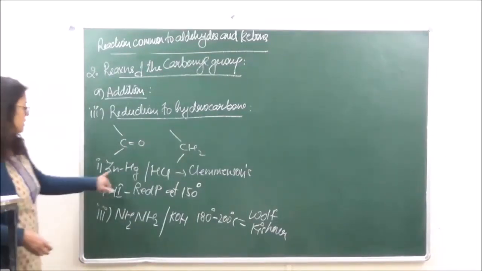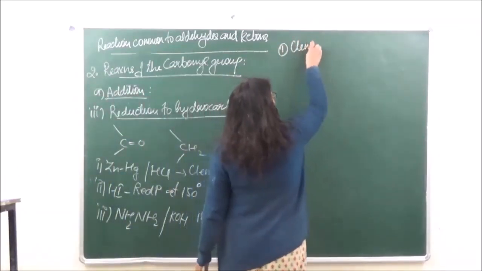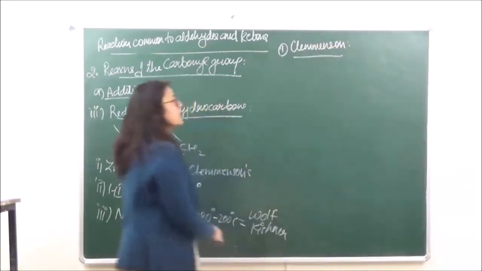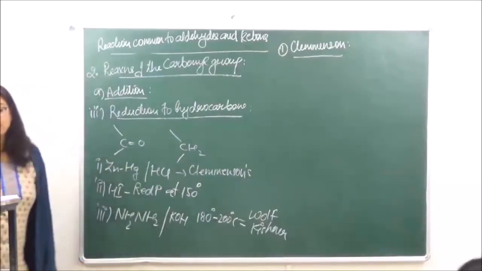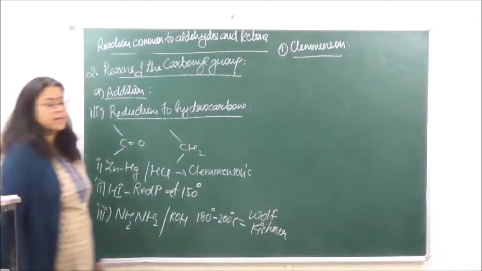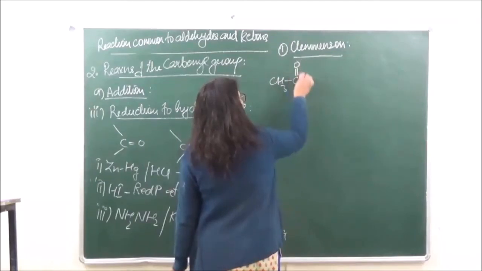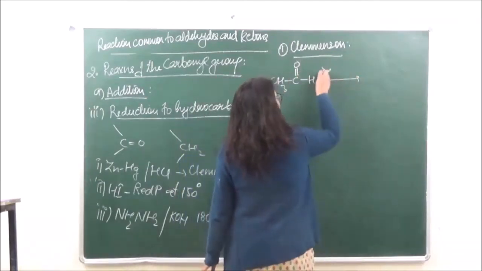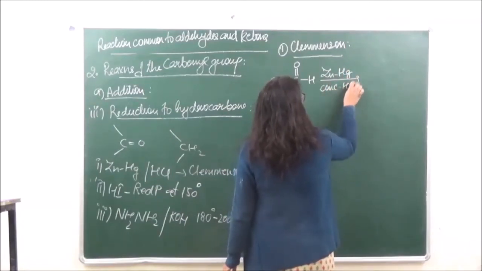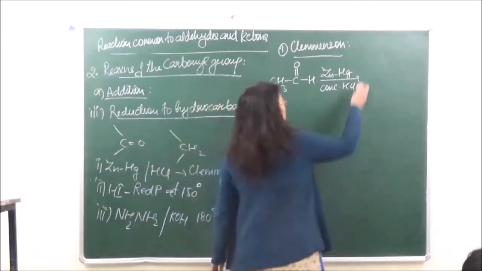So let's go on to the first type, Clemmensen reduction. The reducing agents which we are using is zinc mercury amalgam in presence of concentrated HCl. So we're taking an aldehyde. We are going to get a hydrocarbon with same number of carbon atoms present in the reactant.